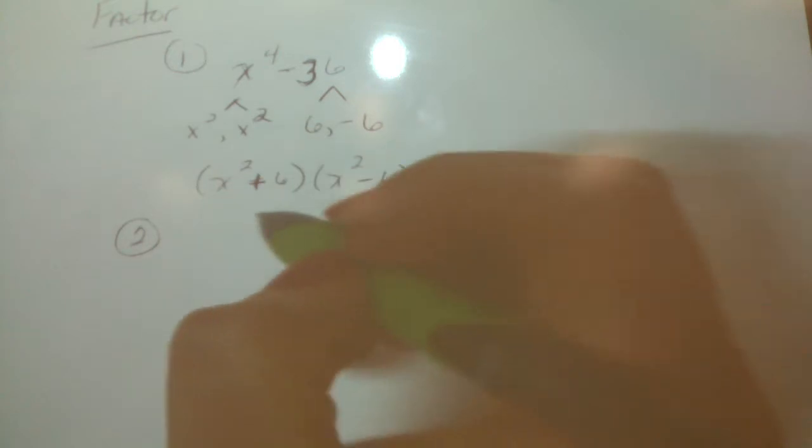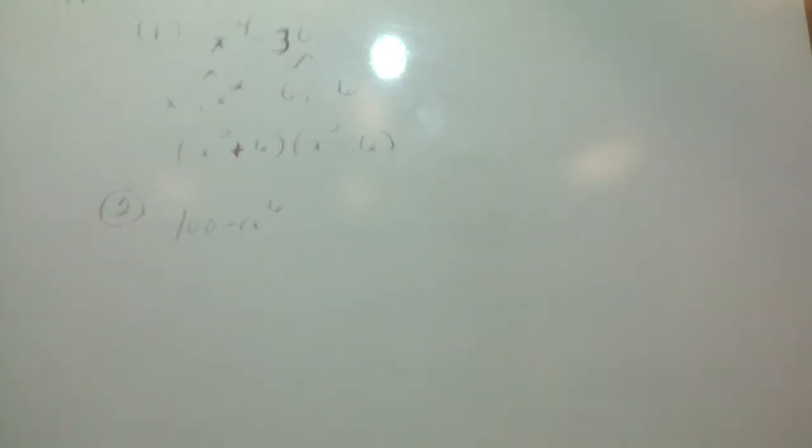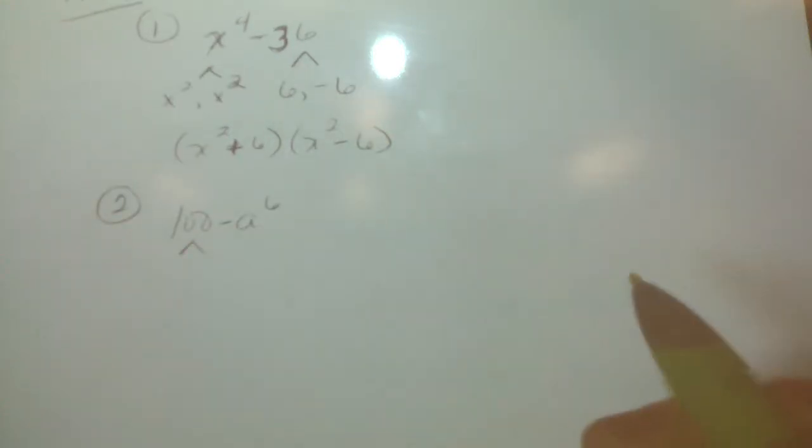Number 2, I've got 100 minus a to the 6th. All right, let's go through these questions. Are there two terms? Yes. Is there a subtraction sign? Yes. Are they both perfect squares? Well, what number times itself is going to give us 100? 10 times 10.